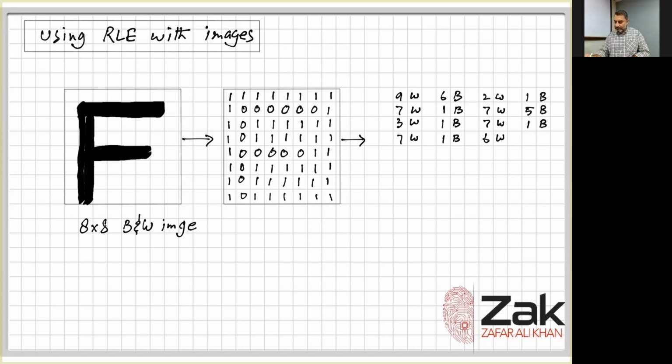These 6 whites are these 1, 2, 3, 4, 5, 6. You get it?